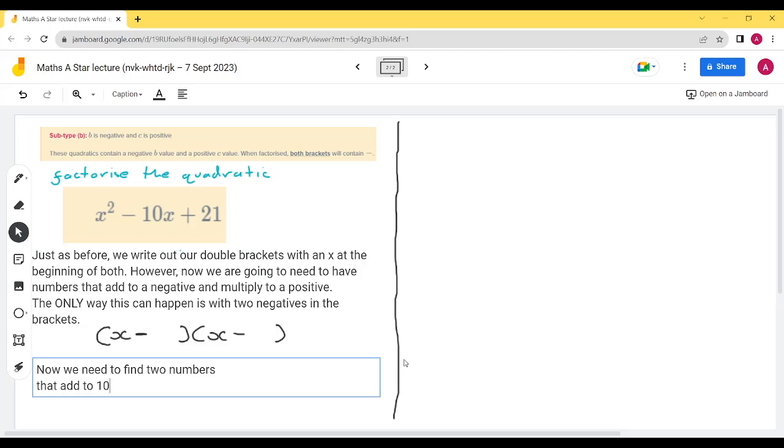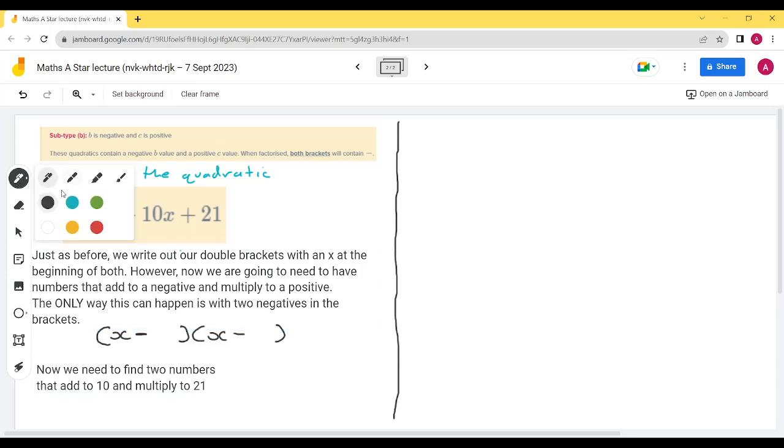So we need 2 numbers that add to 10 and multiply to 21. Because again, the midpoint, if you were expanding brackets, is from the outside and the inside, so it's addition, and the last term is from multiplication. So really it's add to minus 10 and multiply to 21, but it's easier to think of it as just add to 10 and multiply to 21.